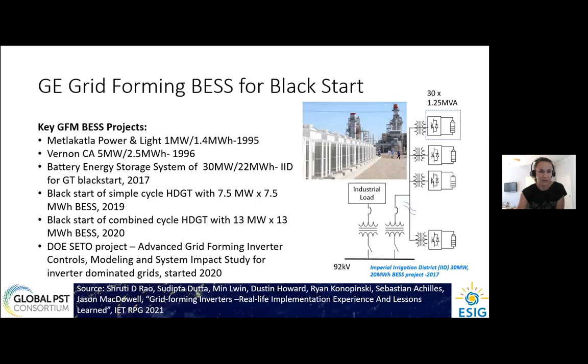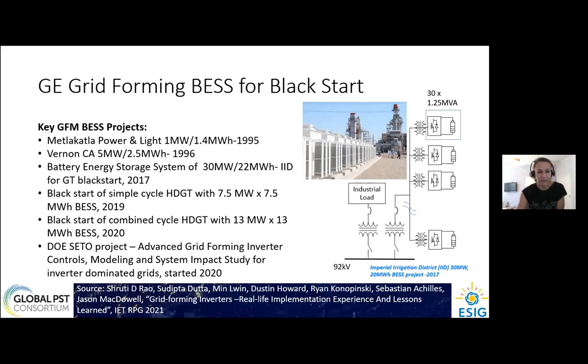So the battery will start a gas turbine, and then the gas turbine will act as a black start resource for the rest of the grid where it's connected, and so it could qualify as a black start resource. What's interesting about this, it didn't require a lot of changes in existing controls, so it was relatively easy to implement, and they use soft start to reduce inrush currents during energization.